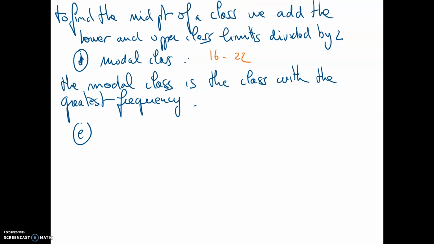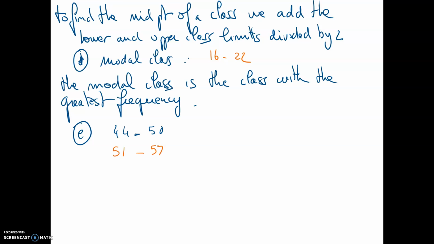Finally, question E. The class limits of the next class if an additional class were to be added. If right now the last class was 44 to 50, basically what we are looking for is going to be 51 to 57.